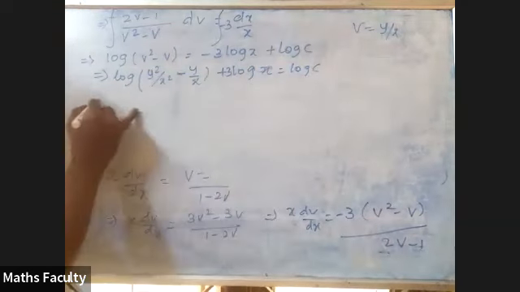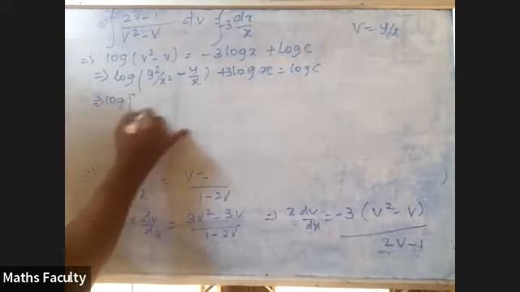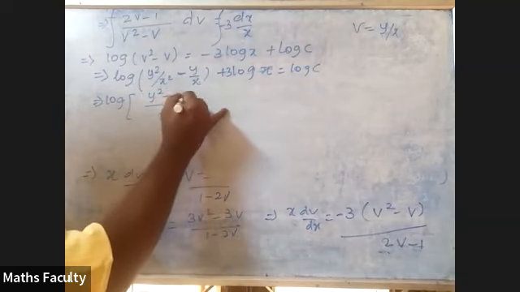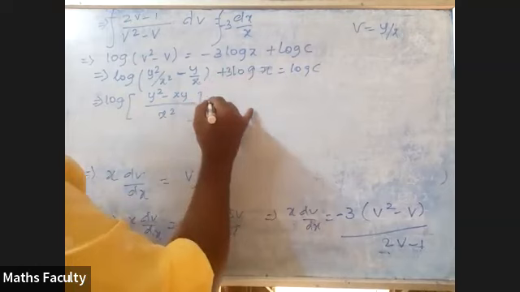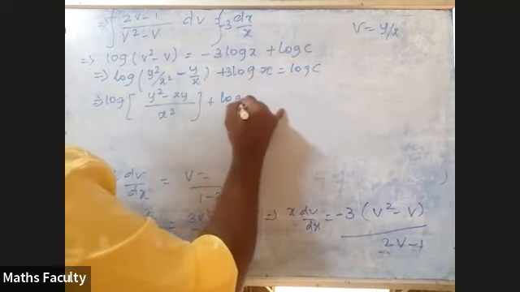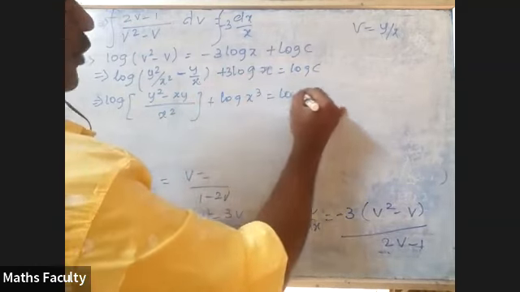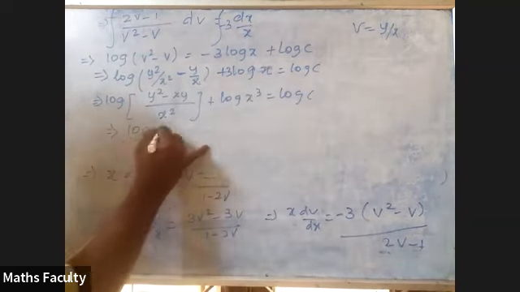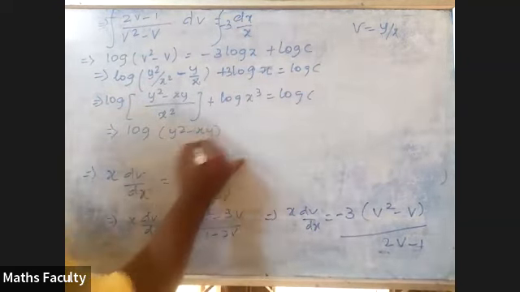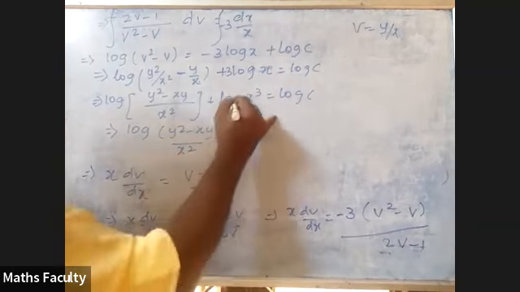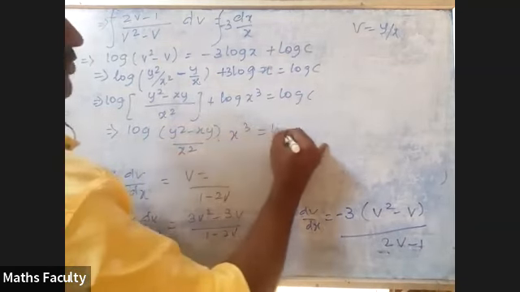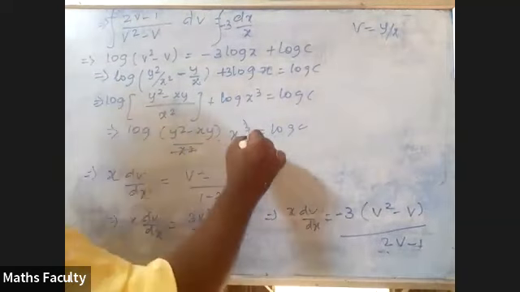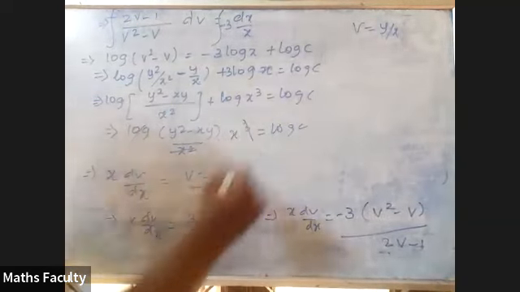Log m plus log n is equal to log mn. Take the LCM, x squared is the LCM. We get y squared minus xy over x squared, plus 3 log x, which we write as plus log x cubed, is equal to log c. Using log m plus log n, I can write this as log of y squared minus xy divided by x squared into x cubed is equal to log c. x squared and x cubed simplify, and the log gets cancelled.